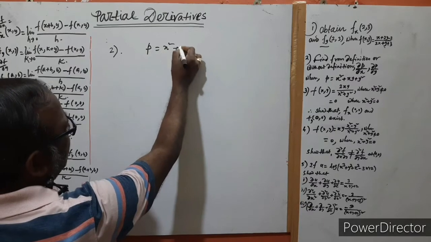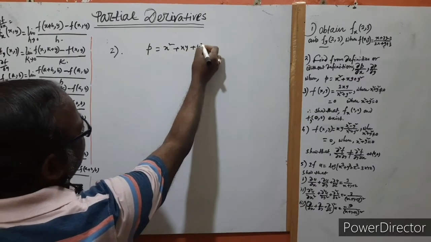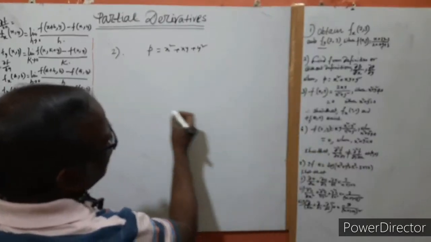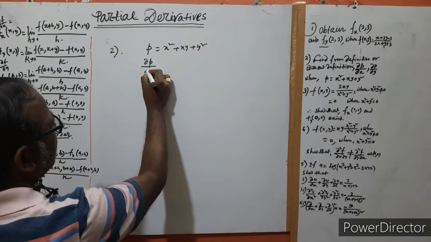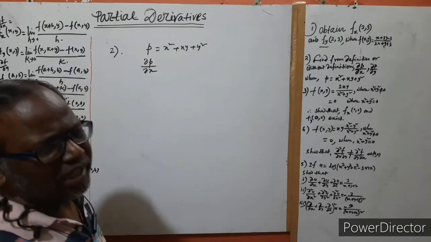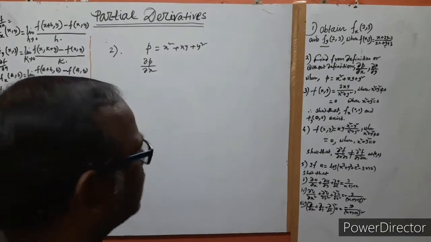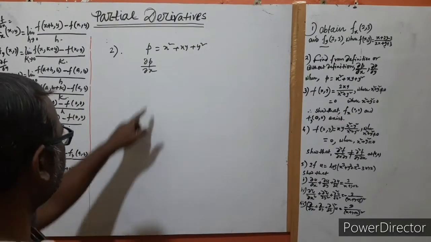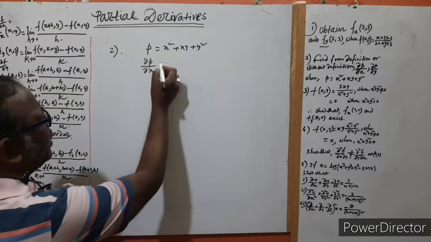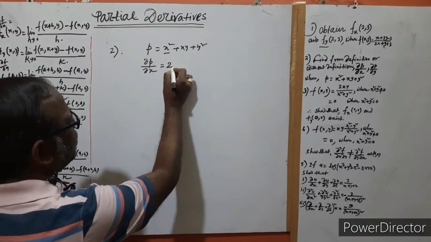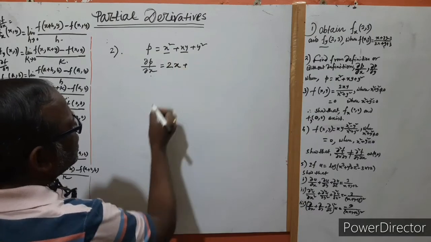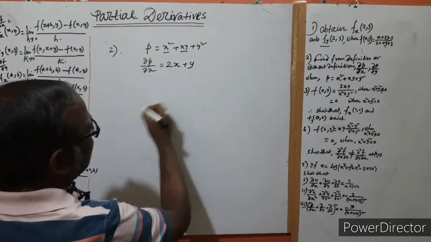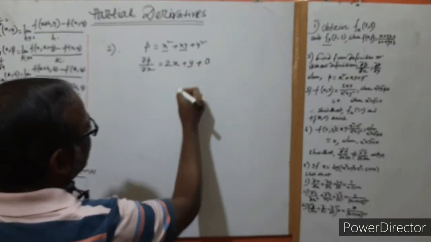P equals x² + xy + y², and find the partial derivative of p with respect to x. When differentiating with respect to x, x is the variable and the others are constant, so y is a constant. The derivative of x² is 2x, of xy is y, and the derivative of y² is 0.